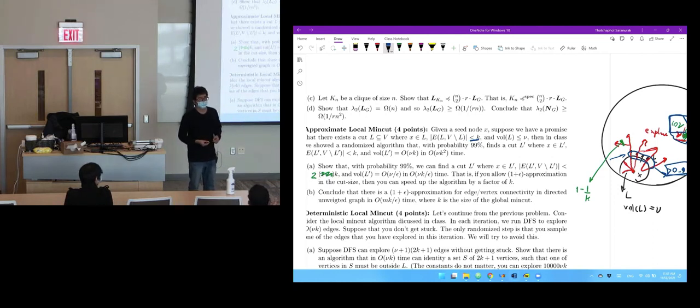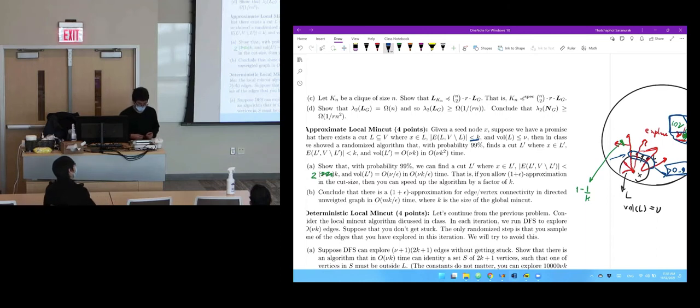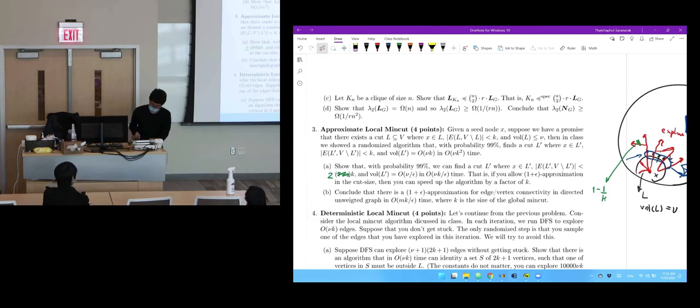So it should be 1 plus epsilon times k iterations. So this is the number of iterations that you should try, but you explore a smaller number of edges.